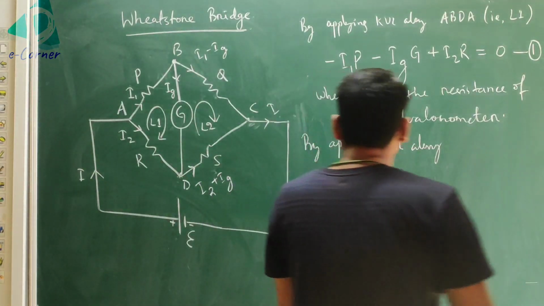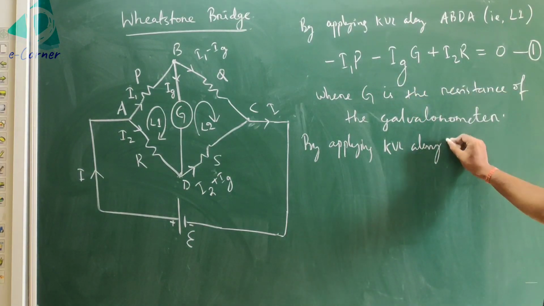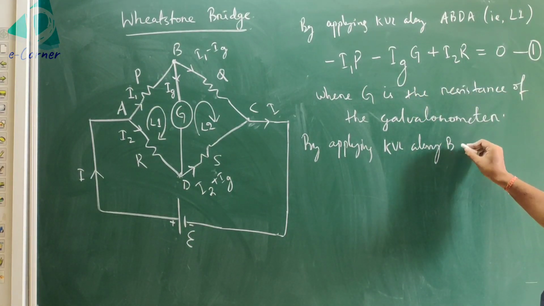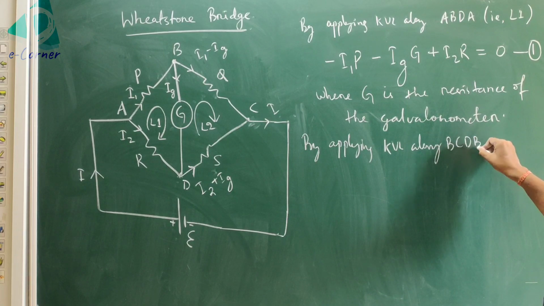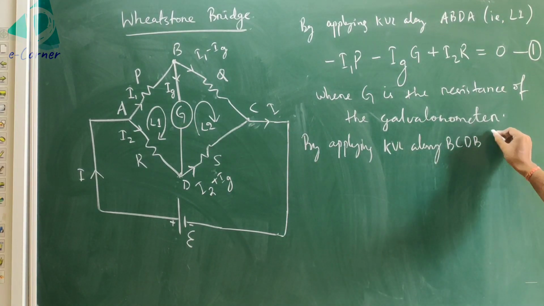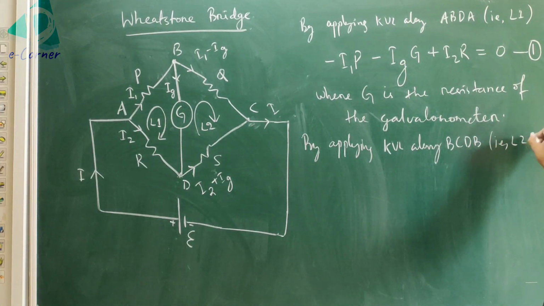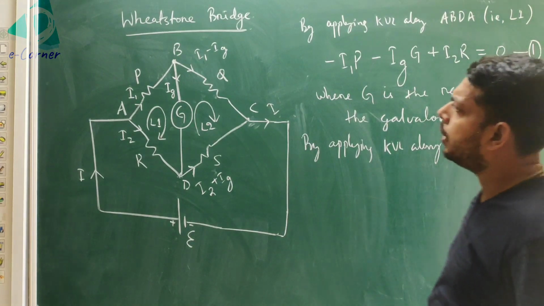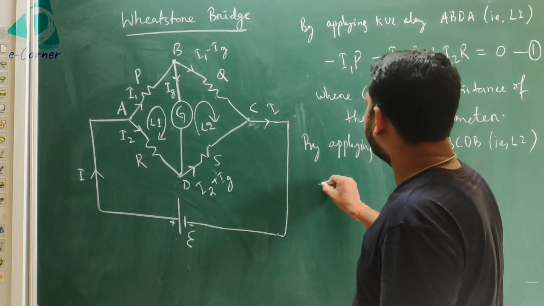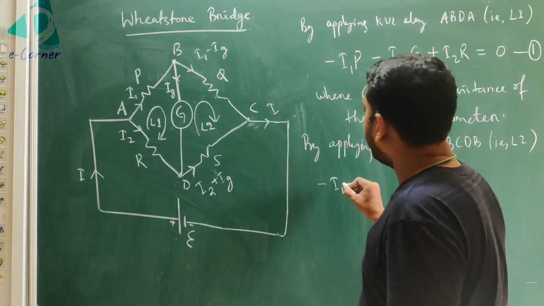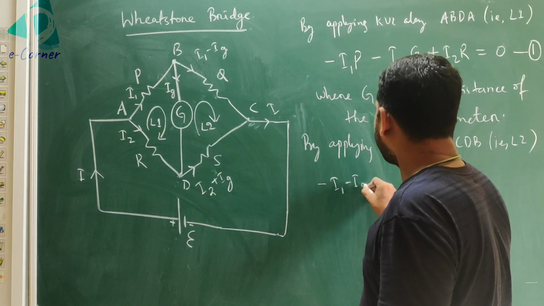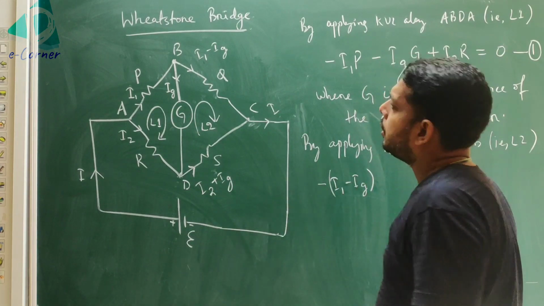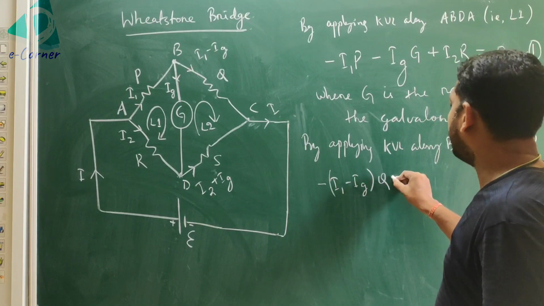By applying the KVL along B, C, D, B, that is loop 2. Now you can again write: this is minus (I1 minus IG), put it in bracket, into 2.